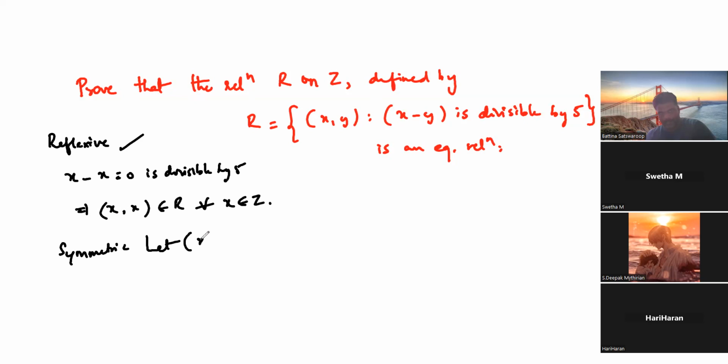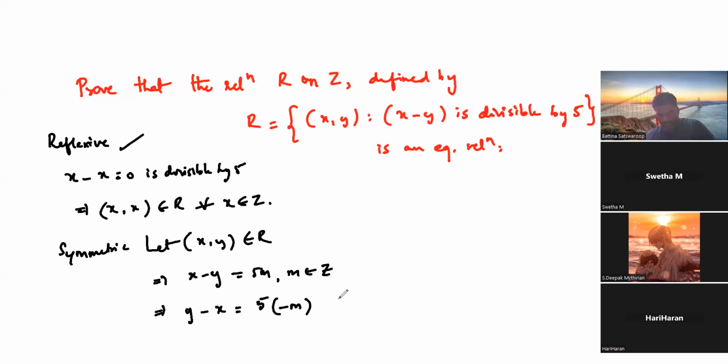Let x, y belong to R. That implies x minus y is equal to 5m, where m belongs to Z. Also, I can write y minus x is equal to 5 times minus m, right? Where this minus m also belongs to Z only. Therefore, I can say y, x belongs to R. Therefore, it is symmetric. Yes.